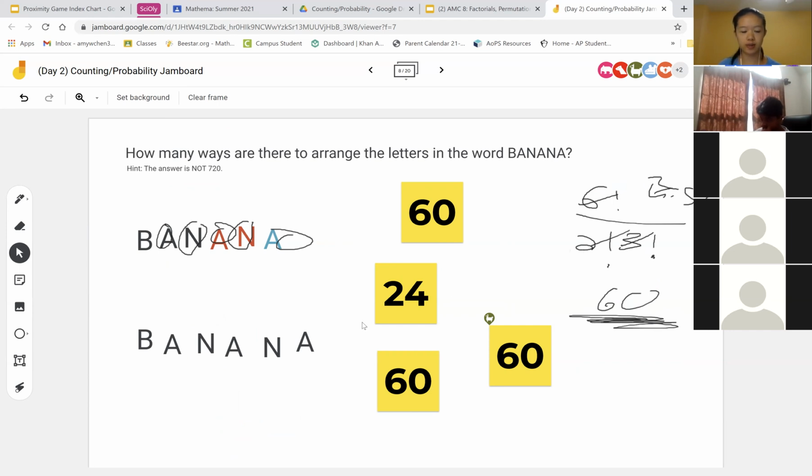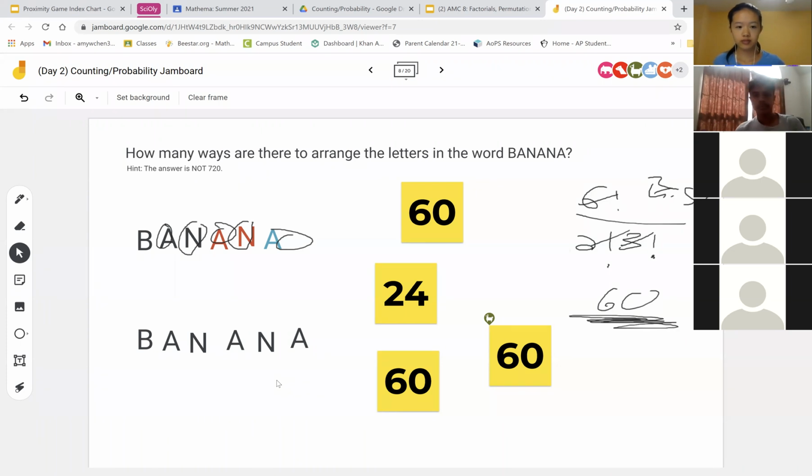So we have to divide by 2 factorial, because that's the number of ways we can arrange these repetitive letters within the word. The same logic applies to the a's, which is why we divide by 3 factorial, because there are 3 a's, which means there are 3 factorial ways to arrange these a's within the word. And each of these arrangements gives us a repeated permutation.